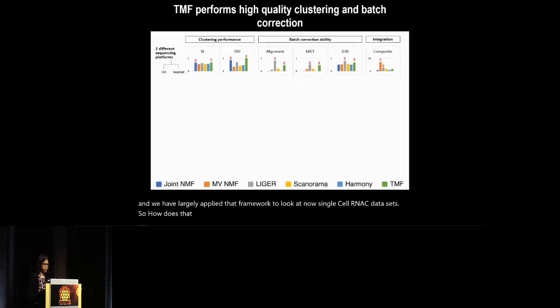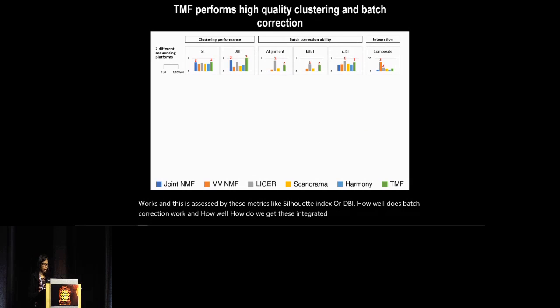So we compared it to a bunch of different methods that exist, and we looked at it in different settings. One is the PBMC data set, which comes from 2 different platforms. And we are assessing it based on clustering coefficient, how well the clustering works. This is assessed by metrics like silhouette index or DBI, how well does batch correction work, and how do we get these integrated clusters.